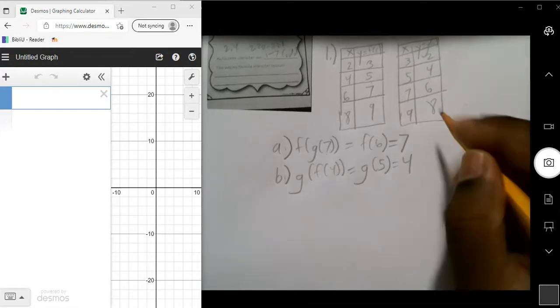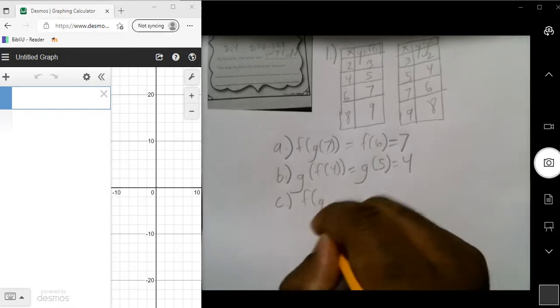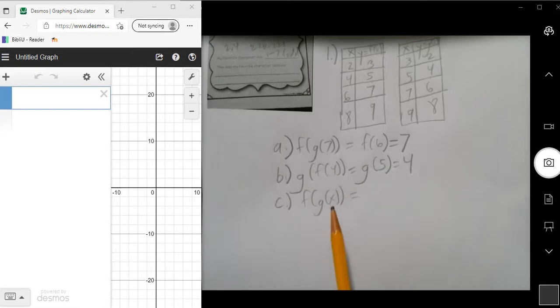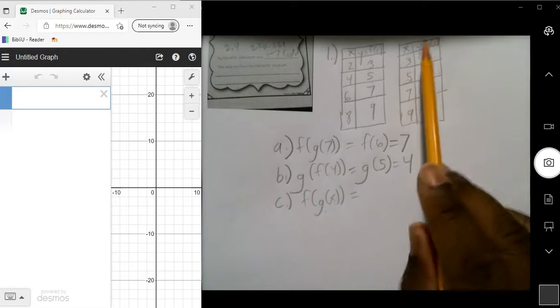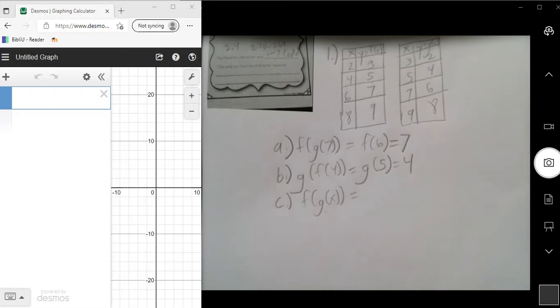Now we go to c. We have f of g of x. Now, f of g of x, we go to the g portion. Now what is g of x equal to? G of x should be x.